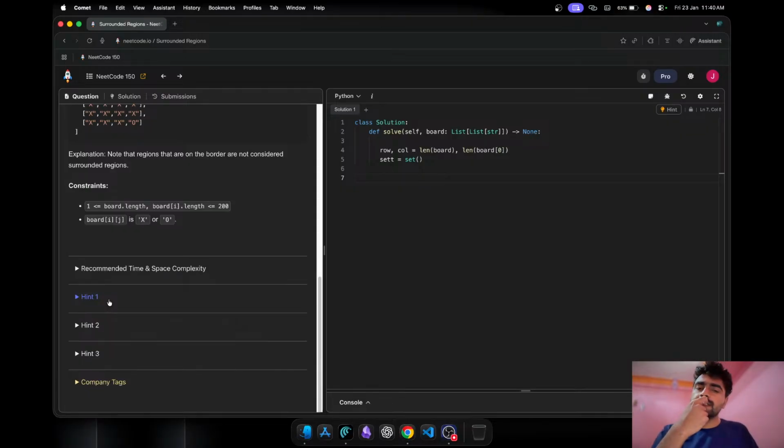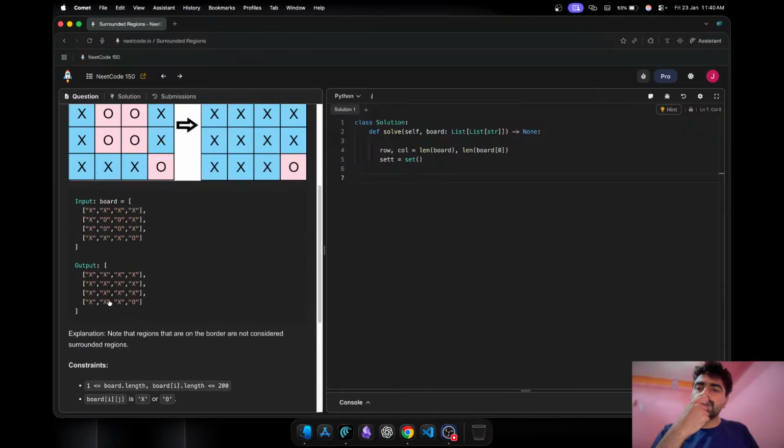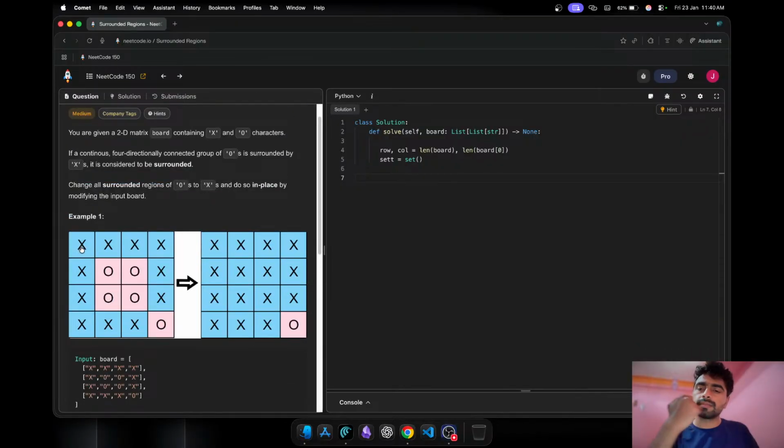We need to force our algorithm to not go on the border side. What can we do?